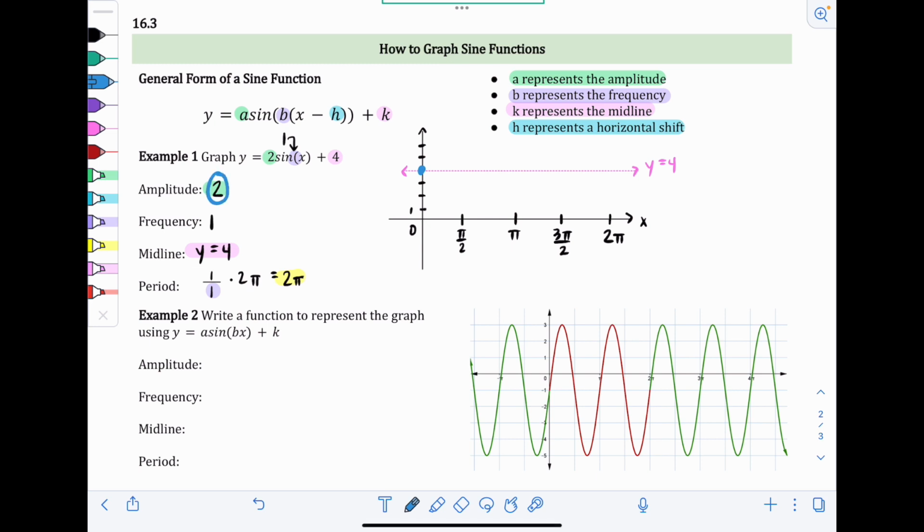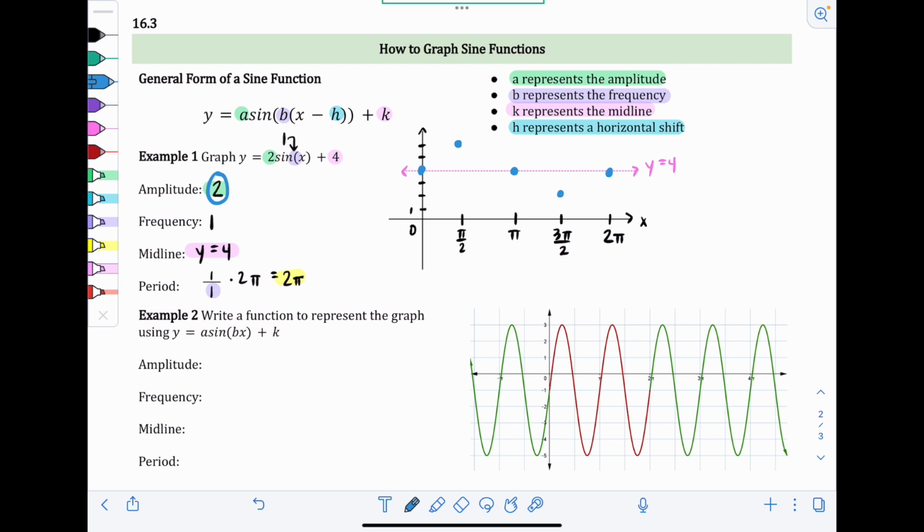So the maximum is going to be at pi over 2, and then 2 units above the midline up there. After that, it's going to go back down to the midline for pi, and then it's going to go down to a minimum, which is going to be 2 units below the midline. So you would count 2 units below the midline, that would be at y equals 2, and then we would go back up to the midline. And then those are the 5 points that we need for our graph.